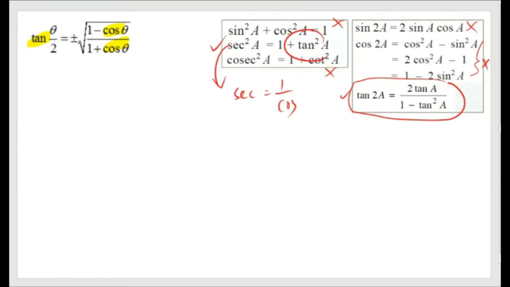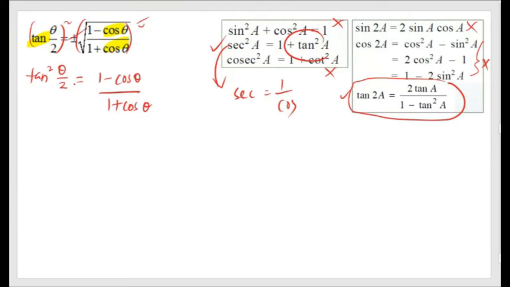Okay, so now we make it into square first. Tangent square theta over 2 equals 1 minus cos theta over 1 plus cos theta. We make it into square first, so that we don't need to see the surd form.